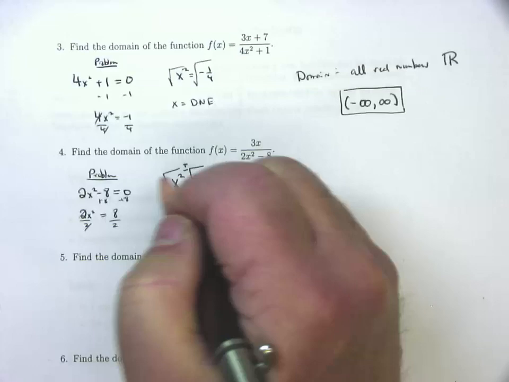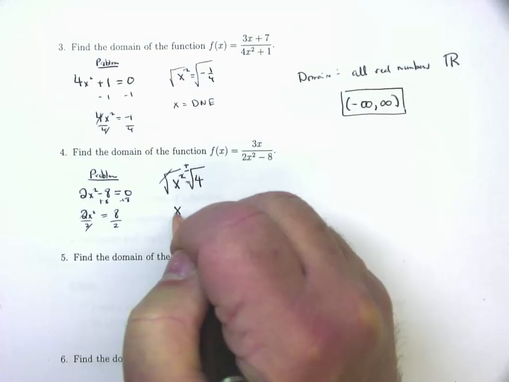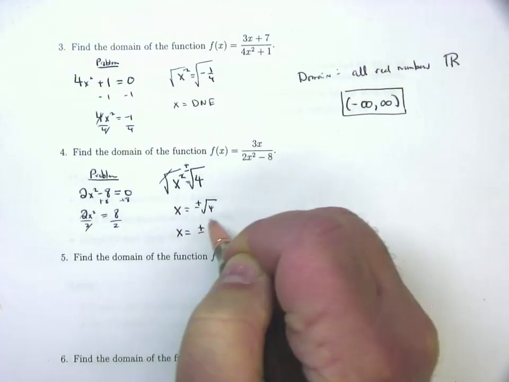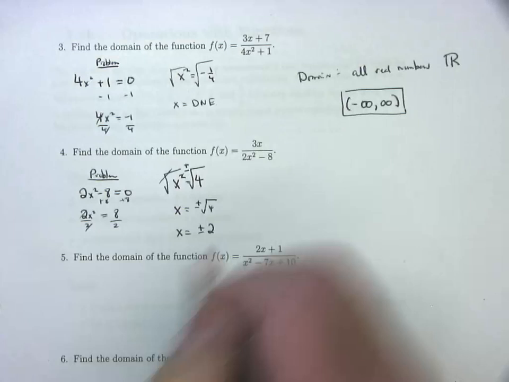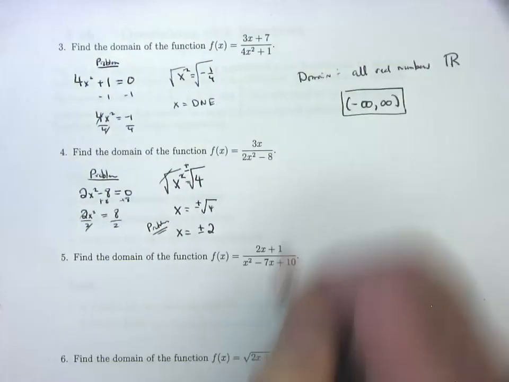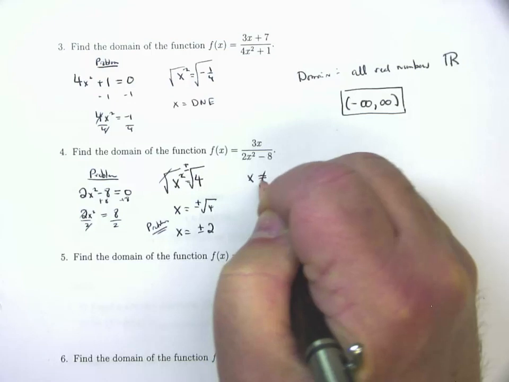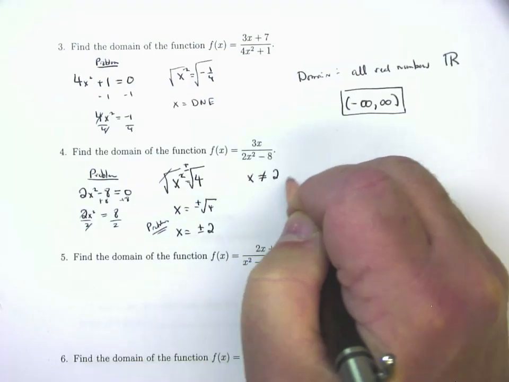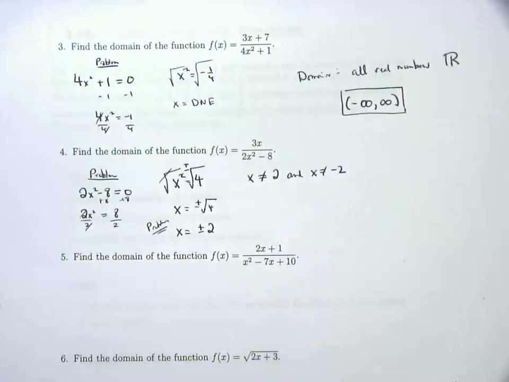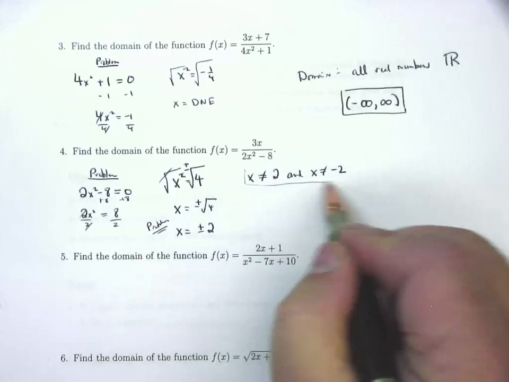So, this cancels here, and I get x is equal to plus or minus the square root of 4, which means x equals plus or minus 2. These are my problem points, which means x cannot be equal to 2, and x cannot be equal to negative 2. These are my two problem points.